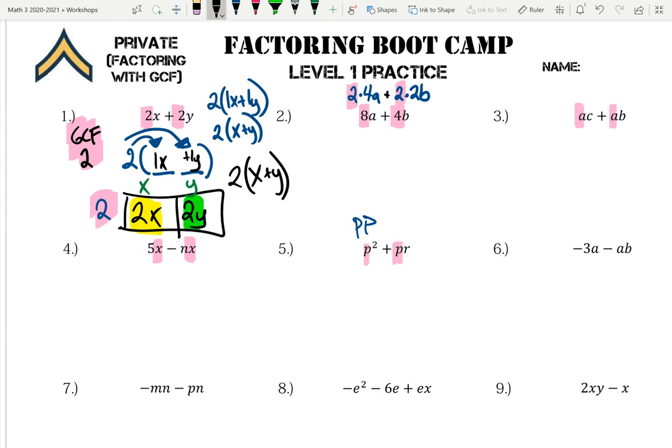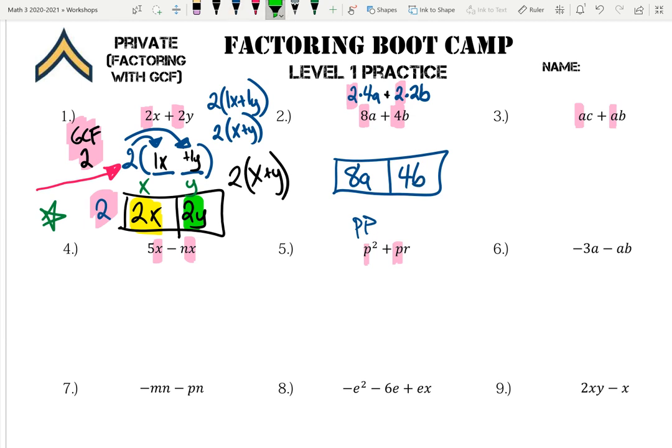I'm going to continue to use the second method because it will be what we use in advanced factoring. But I do want you to know that you can instantly write it out if you know what the factored form is. So let's dive in. I'm going to look at my two terms, 8a and 4b.